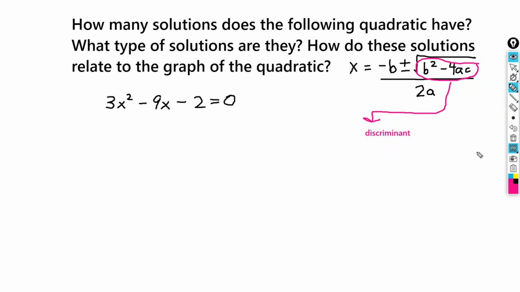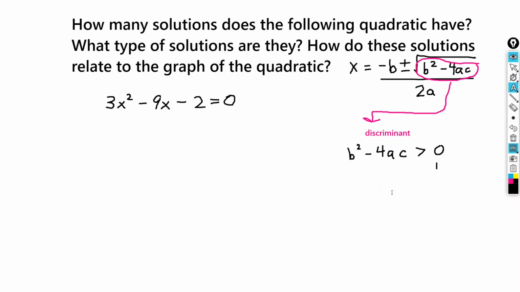And what we're going to do is, if b squared minus 4ac is greater than 0, well, then if you think about the quadratic formula, you have plus or minus the square root of some number that's greater than 0. So you have the plus part and the minus part.